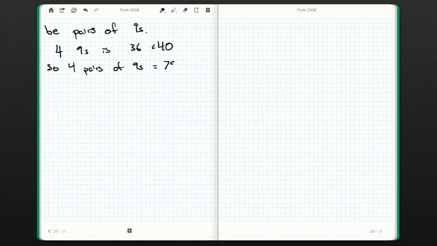Four pairs of 9s, well that's actually 8 9s. That's 72, which is less than 80. And that tells us we had to use 5 pairs, and we got 120.